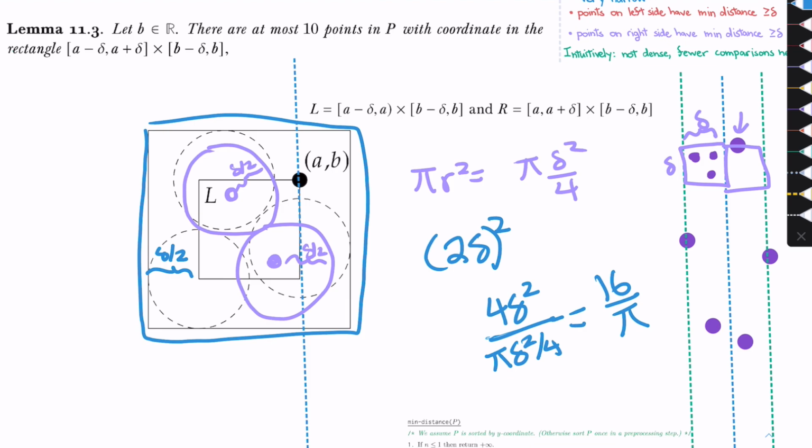Why do what? Sorry? Oh, no, we recursively called find the minimum distance on each half, which will find the minimum Euclidean distance, not just x-coordinate distance, including x and y.